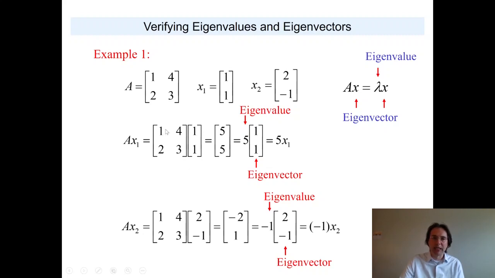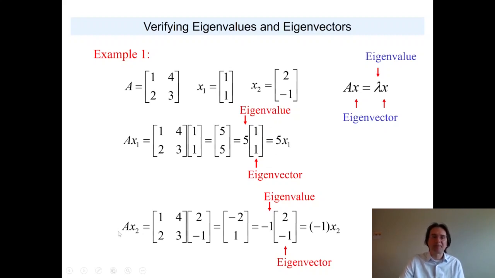What will be the result here? 1 plus 4 is equal to 5. Now 2 plus 3 is equal to 5 again. And we notice that this vector is equal to 5 multiplied by (1, 1). And this will be our original eigenvector. So therefore, the prefactor before this vector will be an eigenvalue 5, right?